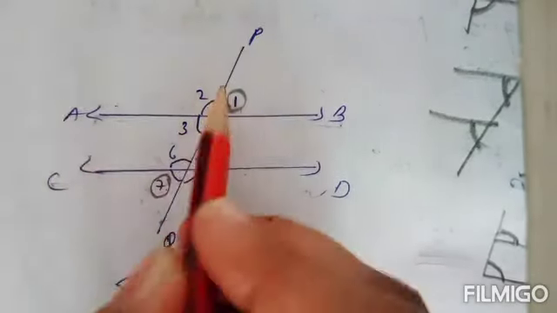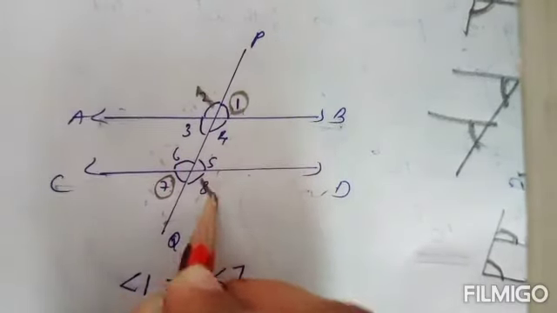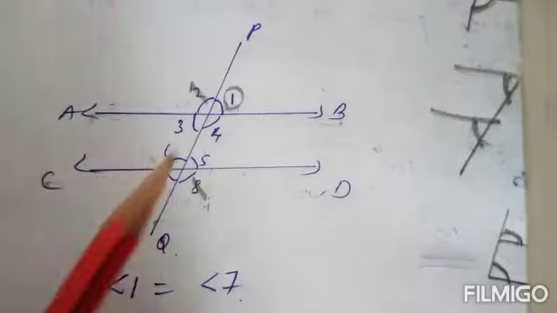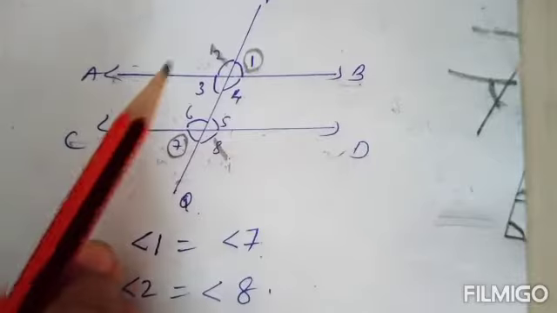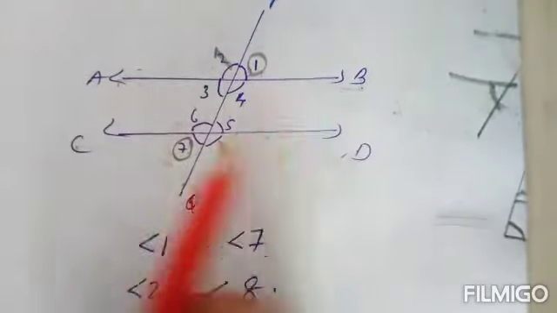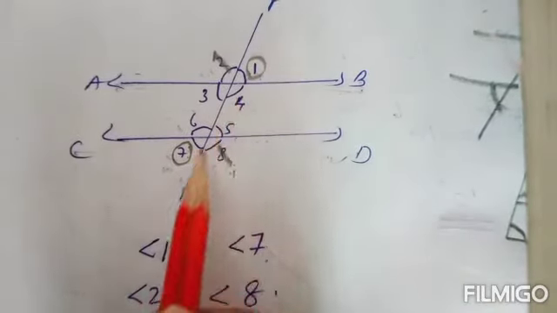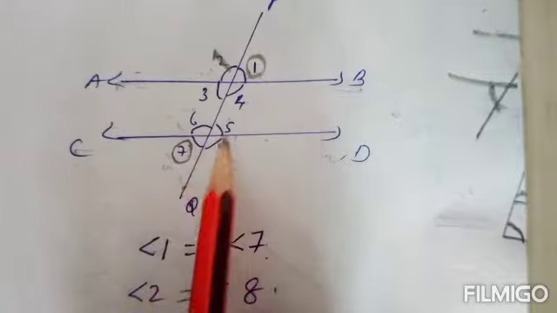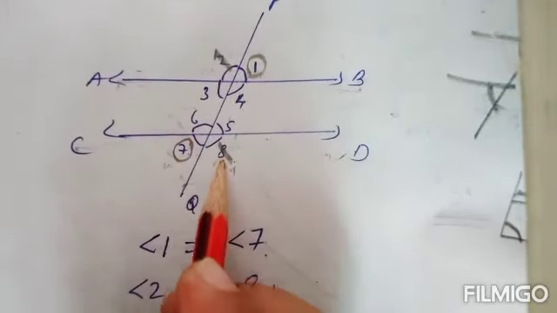Second pair we can write angle 2 and 8. So angle 1 will be equal to angle 7 and angle 2 will be equal to angle 8. Only when a transversal cuts two parallel lines are the exterior alternate angles equal.